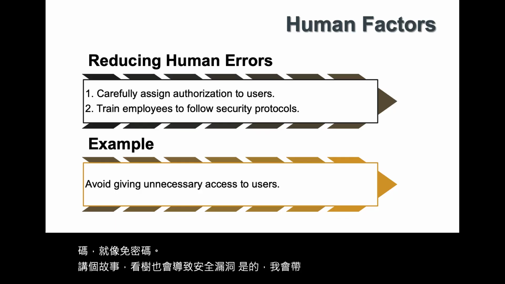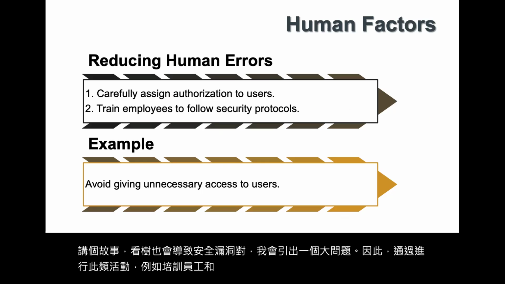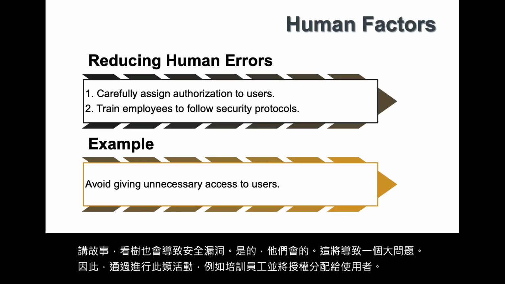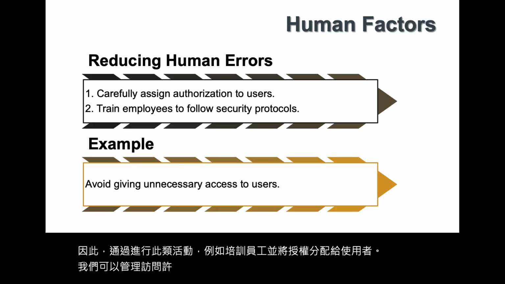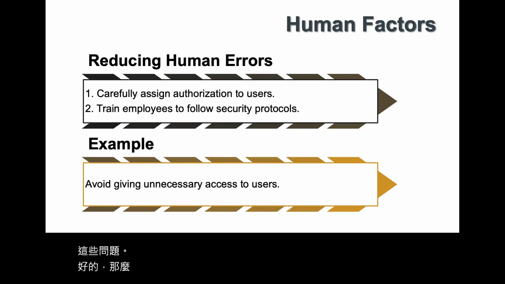So by doing activities like training the employees and assigning authorizations to users, we can manage access and prevent many security issues before they actually happen. So human factors play a big role in database security.